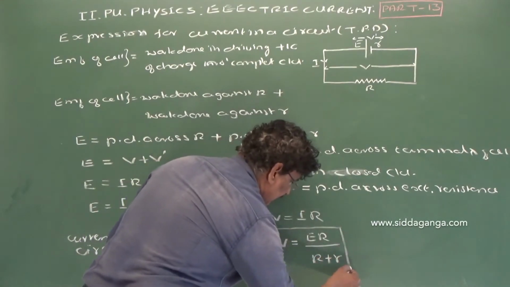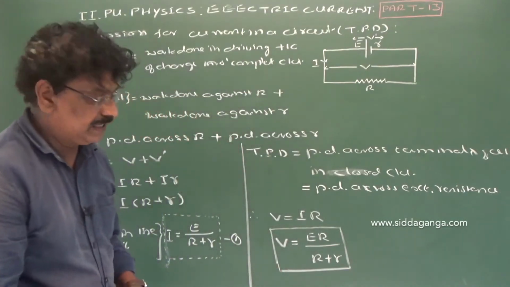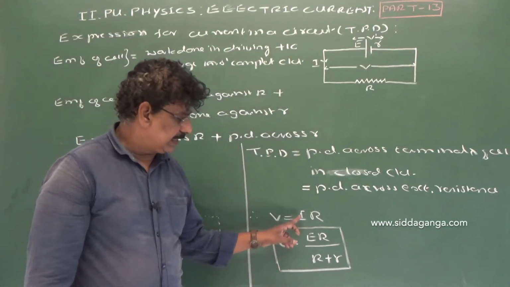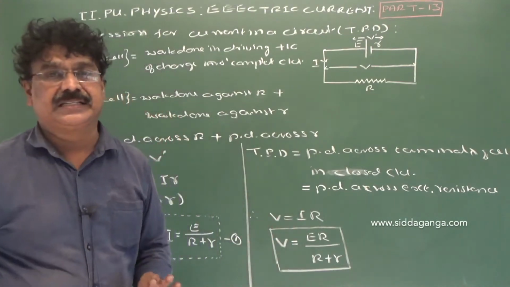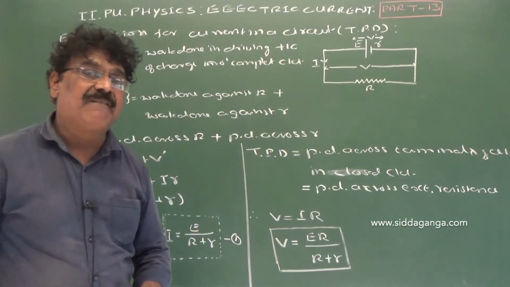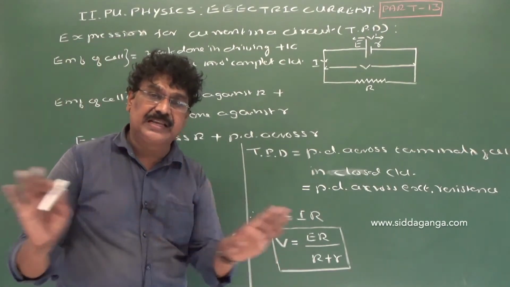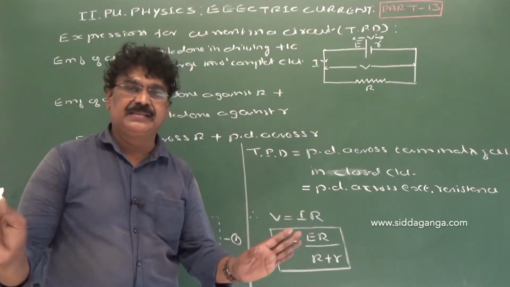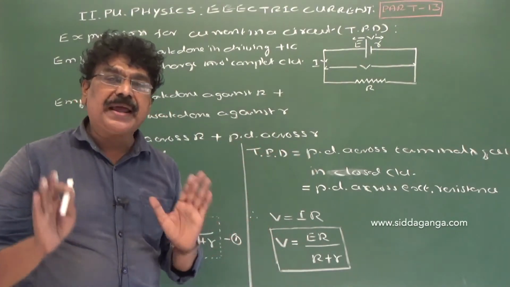So the terminal potential difference depends upon current as well as circuit resistance. But the EMF of a cell is independent of this circuit resistance. EMF is constant for a given cell or a battery.